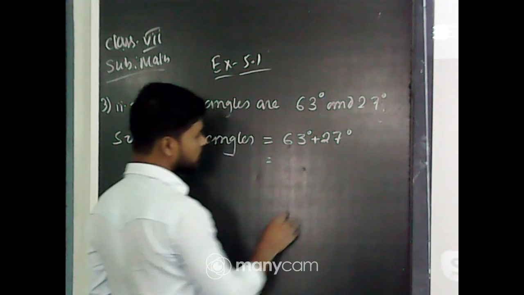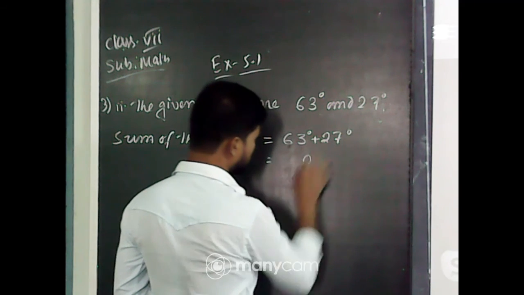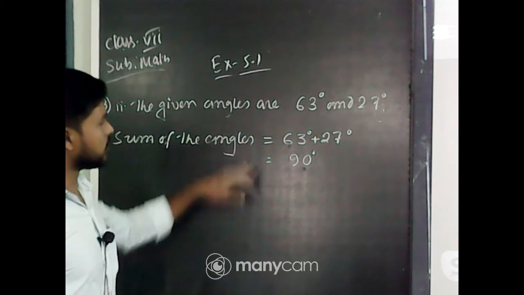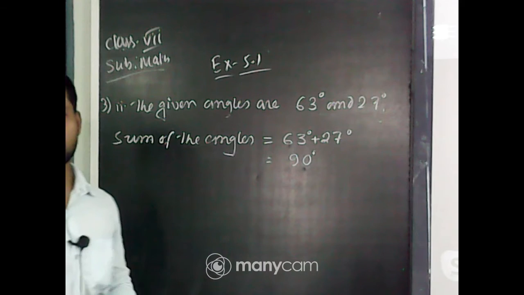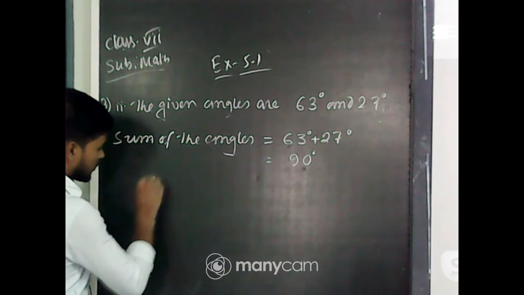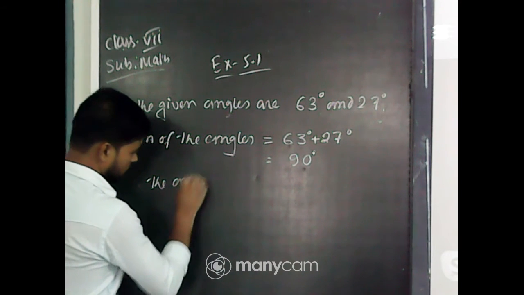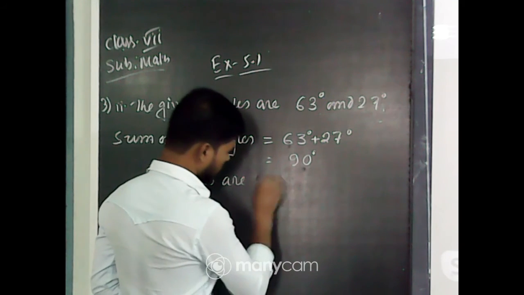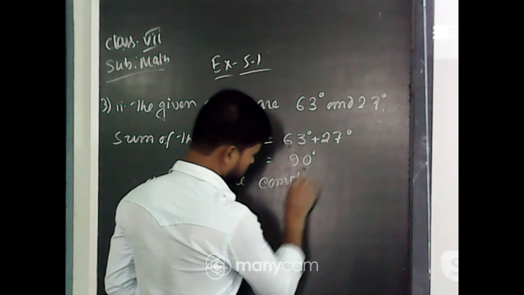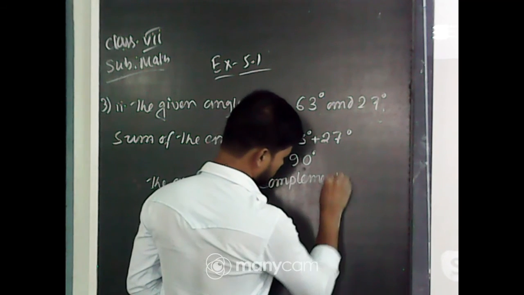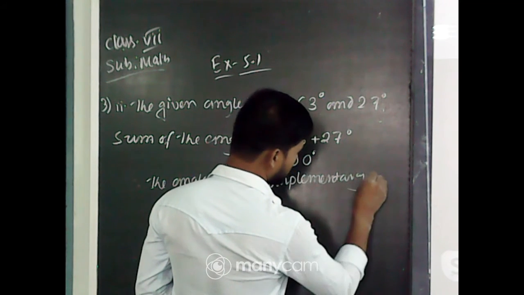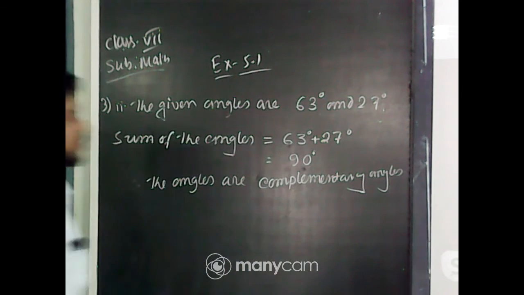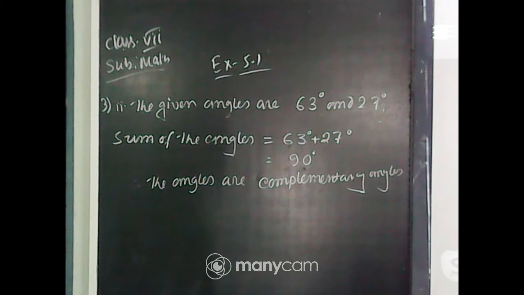Now add them: 7 plus 3 is 10, 0 and carry 1, 1 plus 6 is 7... that is 90 degrees. Now here the sum of the angles is equal to 90 degrees. Therefore the angles are complementary angles.